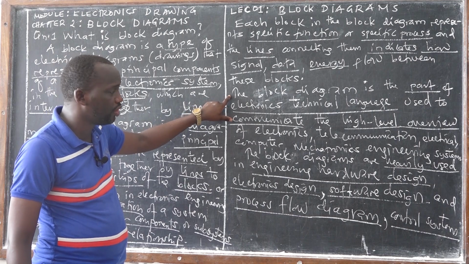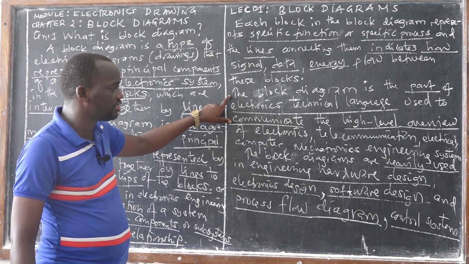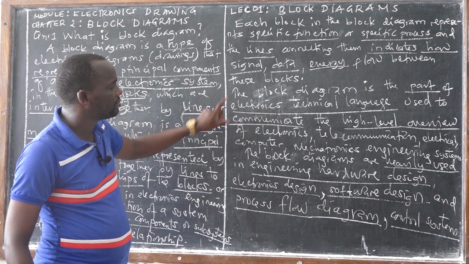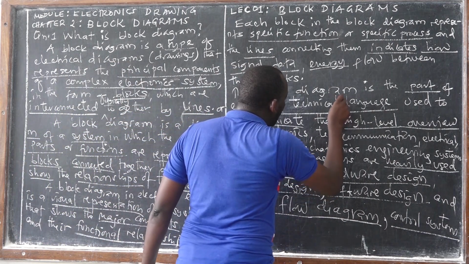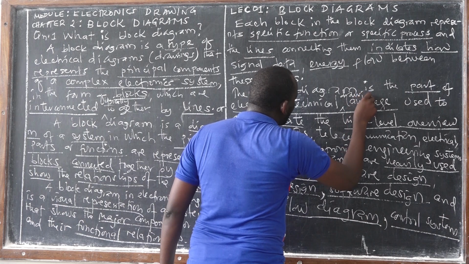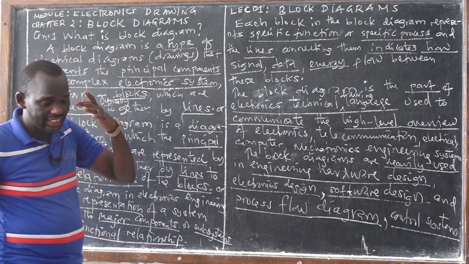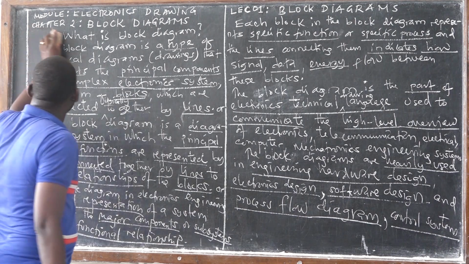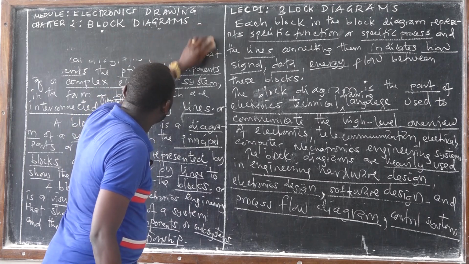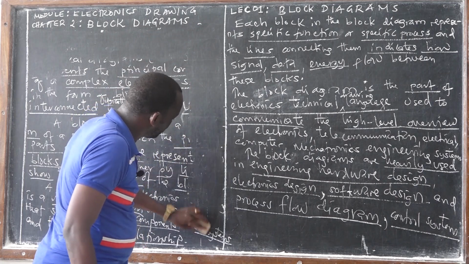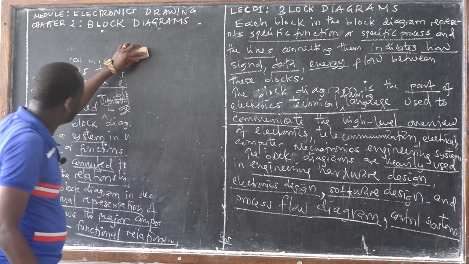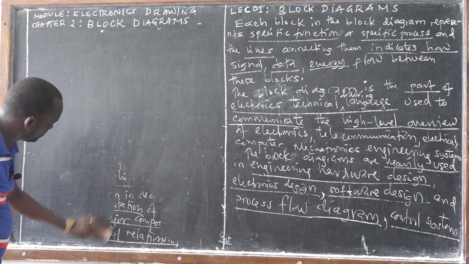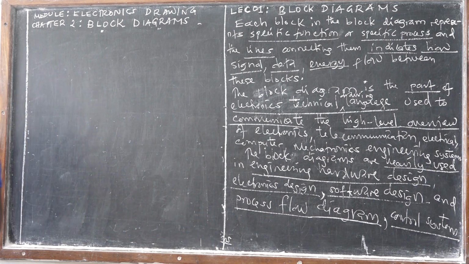I want you to reinforce this sentence in your mind. It's very important for you to know that this is part of the electronics technical language, or electronics technical drawing language. So read that sentence please: The block diagram is part of the electronics technical drawing language used to communicate the high-level overview of electronics, telecommunication, electrical, computer, mechatronics, and engineering systems.